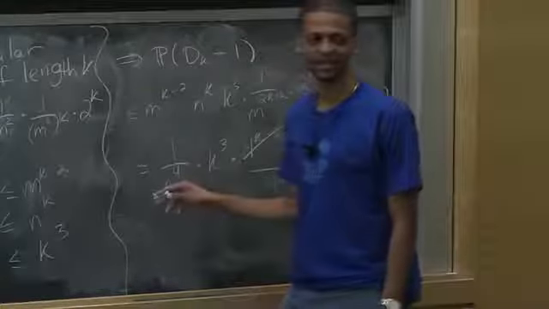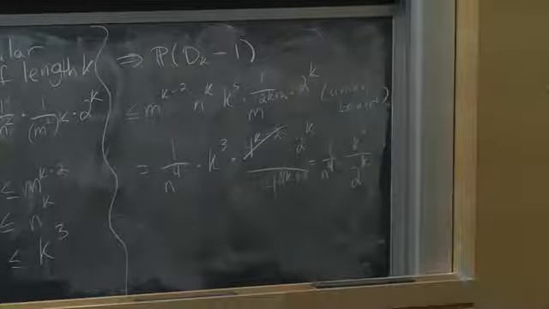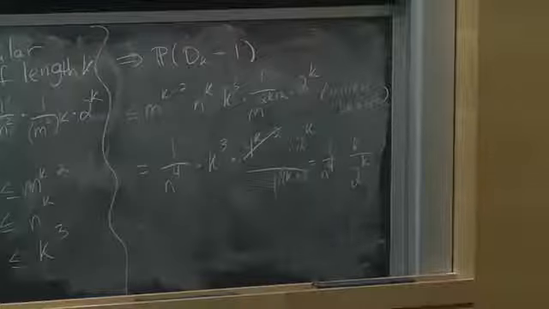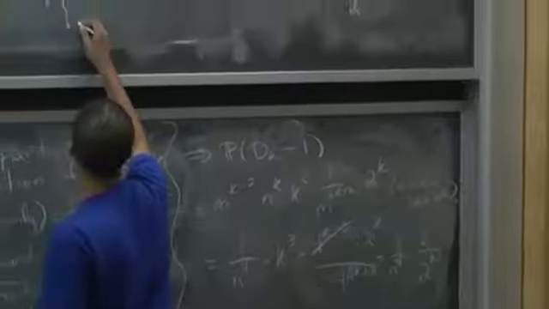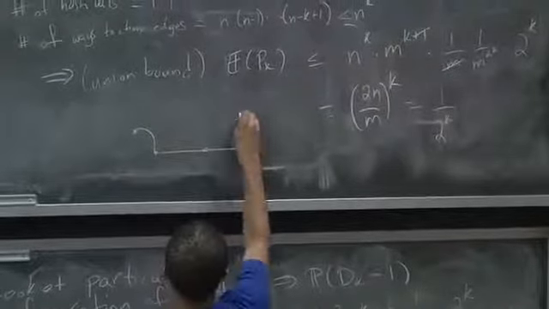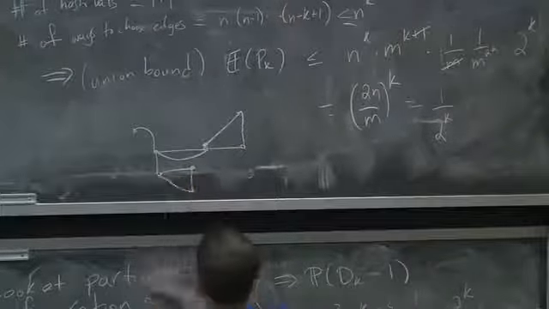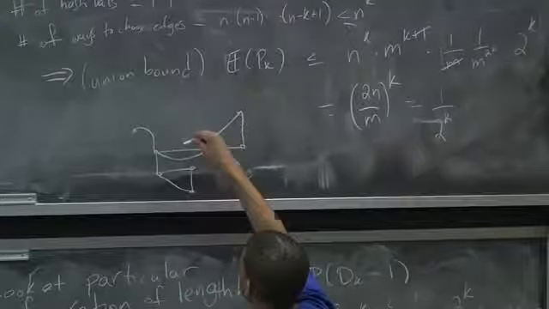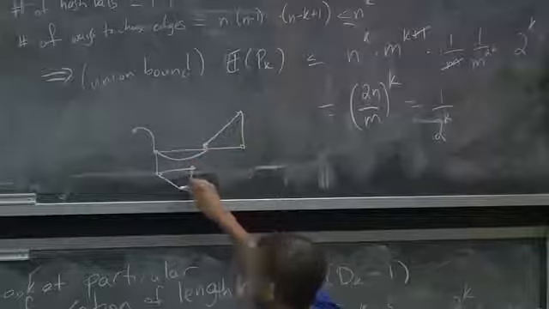But k minus 2 vertices. Why is it k minus 2? It should be k minus 1. So I counted and then I thought I got k minus 2. So let me just draw this picture. So this looks like that, goes back, goes somewhere, goes somewhere, goes somewhere, goes somewhere. So this has length k being 1, 2, 3, 4, 5, 6, 7, 8, 9.